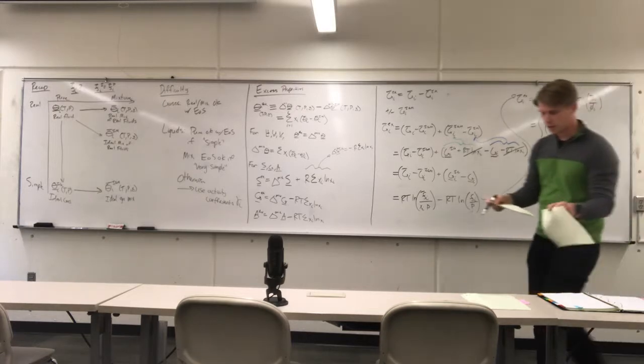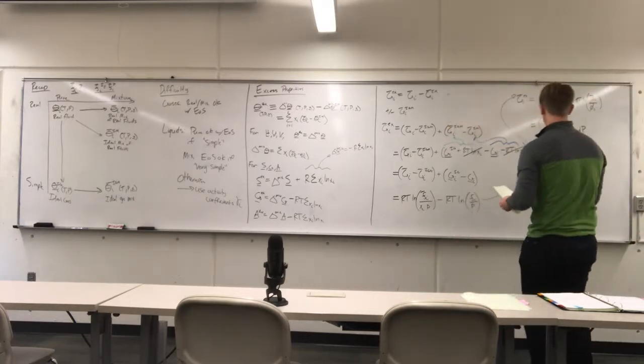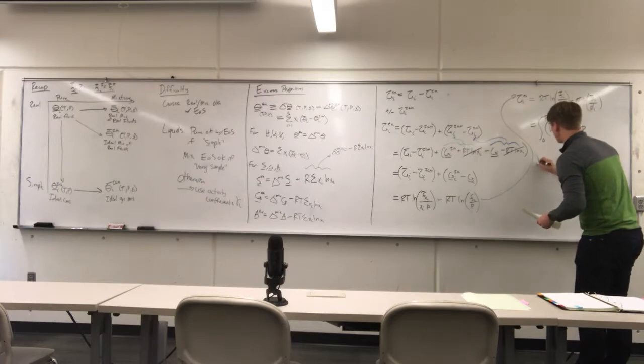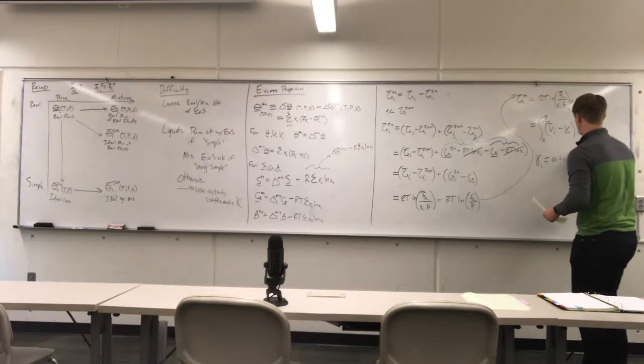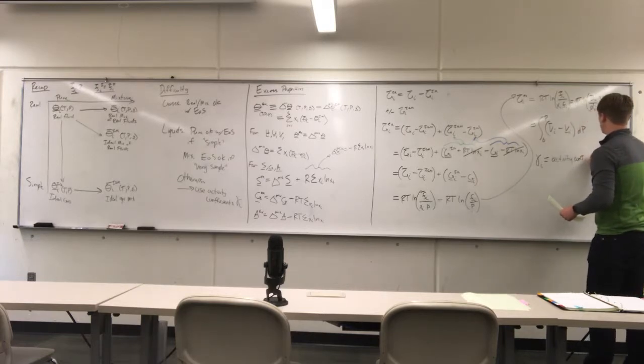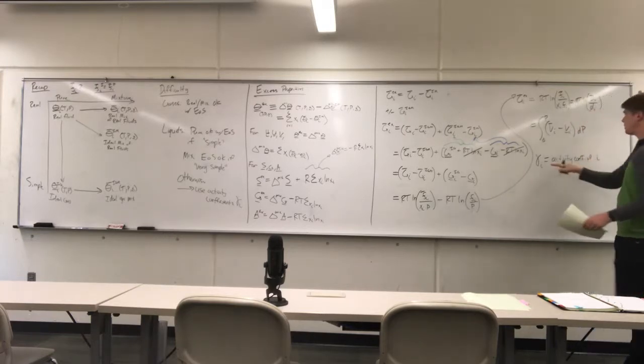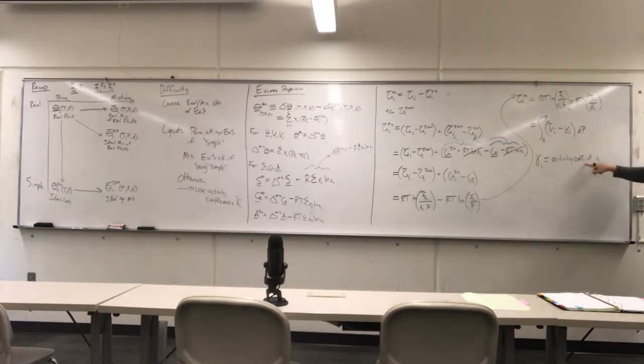Now, what this allows us to do is we can finally define the activity coefficient. We represent the activity coefficient as gamma. This gamma_i is the activity coefficient of species i.